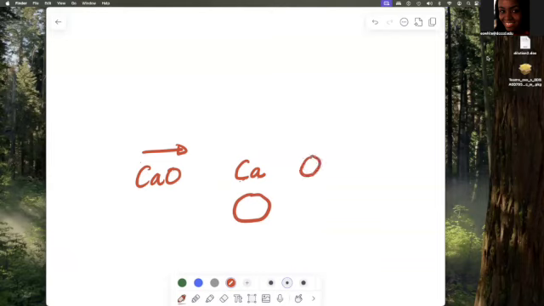I'm just giving you the whole number relationship. So these are the ions that represent calcium and oxygen. The whole compound has a charge of 0. It hasn't been stated, but it's implied. This is equal to 0.